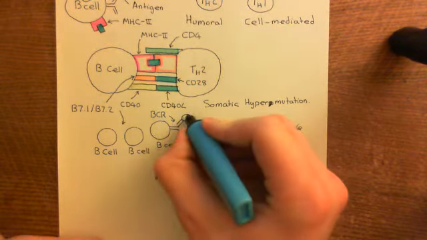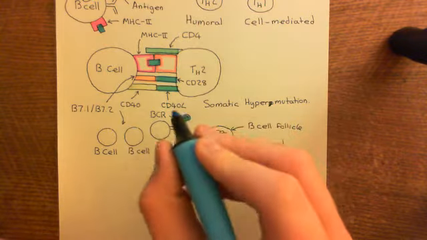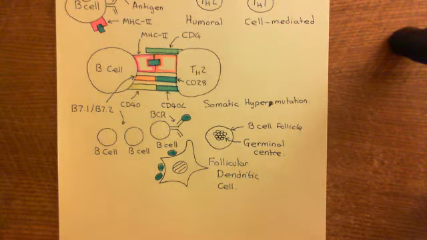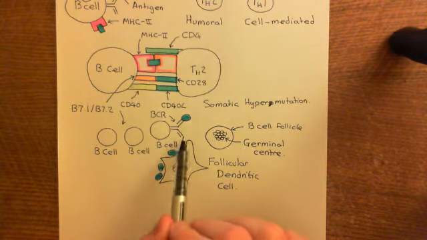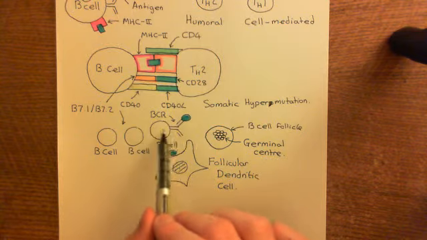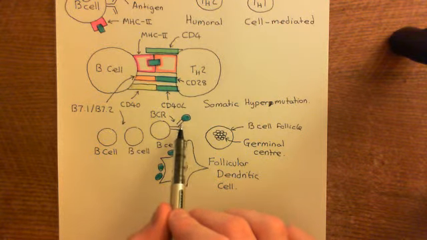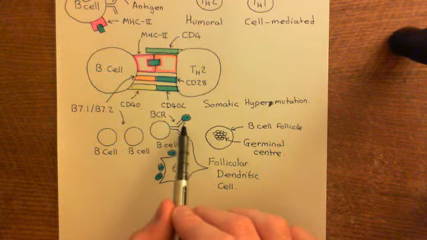Whereas those that underwent mutations that caused a reduction in the affinity won't get the antigen, basically. Okay, now, what's going to happen to these ones which do have mutations which increased the affinity of their B cell receptor for the antigen?